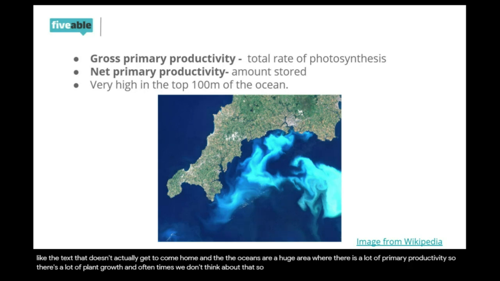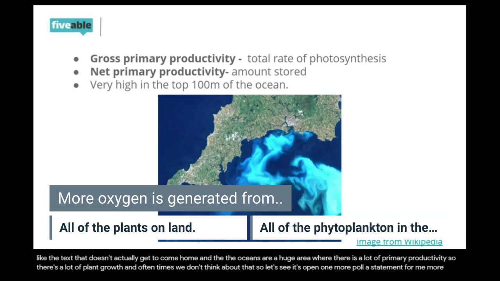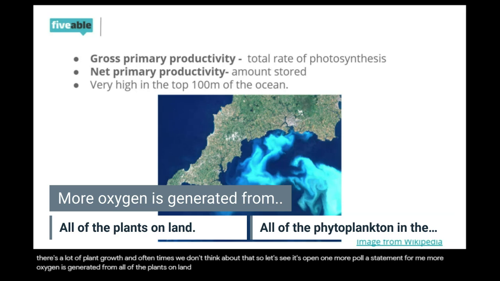So let's see. Let's open one more poll. So complete this statement for me. More oxygen is generated from all of the plants on land or all of the phytoplankton in the ocean.